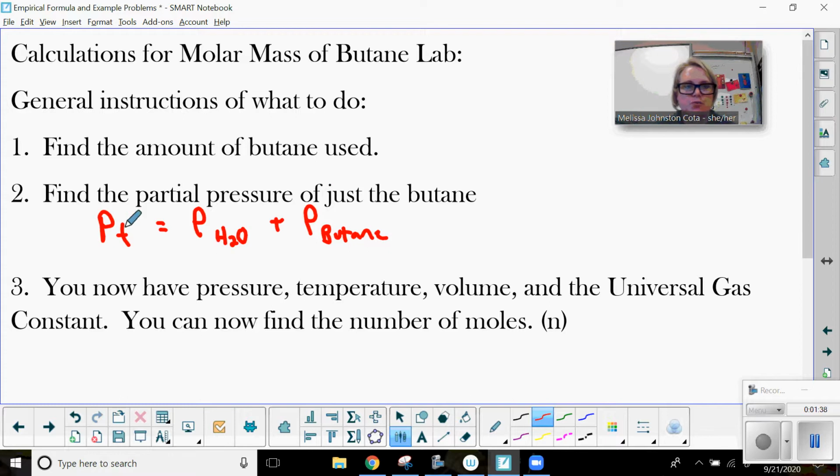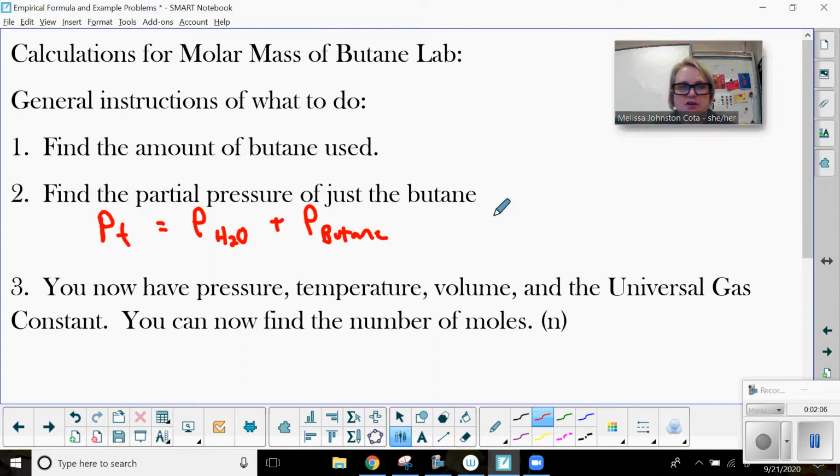I know the total pressure, and I also know the water vapor pressure for water, because it's a literature value that I can give you off of a chart in your data booklet. I'm going to give that to you for every single trial that I did. Just know that these are literature values that have been scientifically proven to show what the pressure of the water is when a gas is collected.